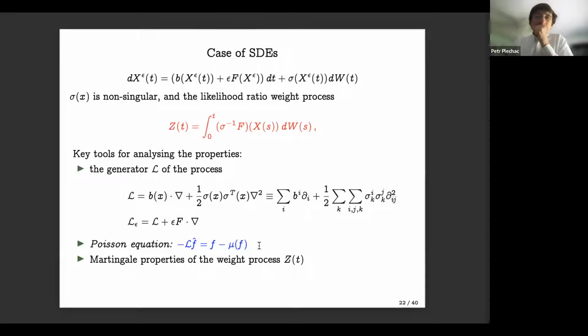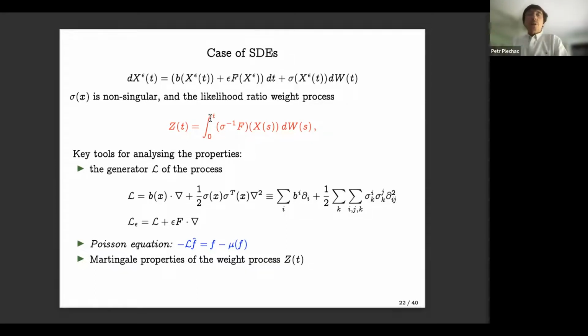Now let me quickly say a few words about the simple construction of this log likelihood ratio process for the case of a stochastic differential equation.